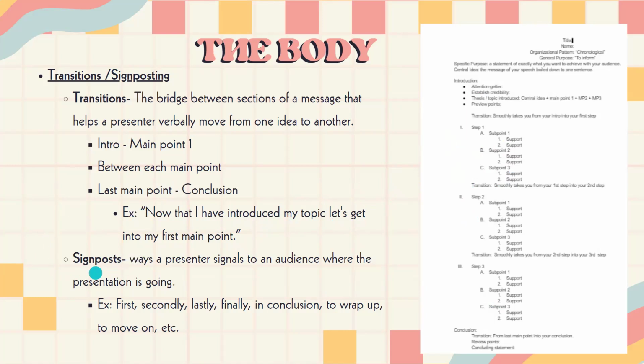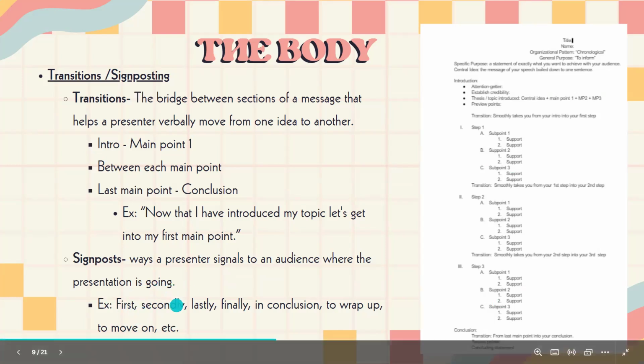Next is signposting. This goes hand in hand with the transitions. This is more of a one-to-two-word type of thing. It's just signaling to your audience where you're going. So this is things like first, secondly, lastly, finally, in conclusion, to wrap up, to move on, right? All those types of words.